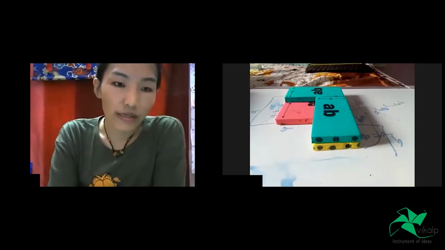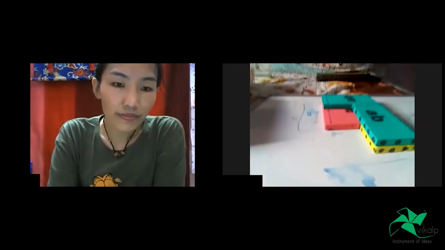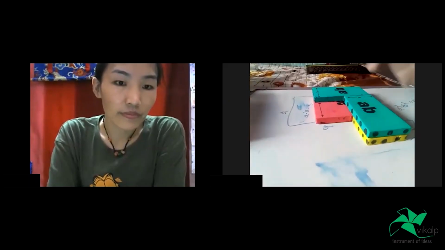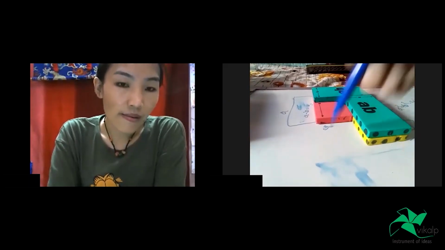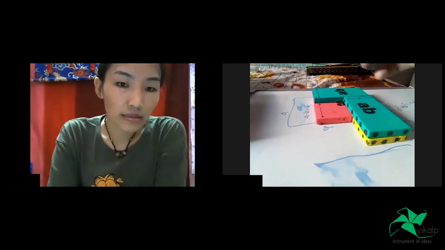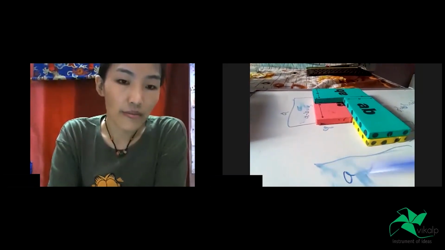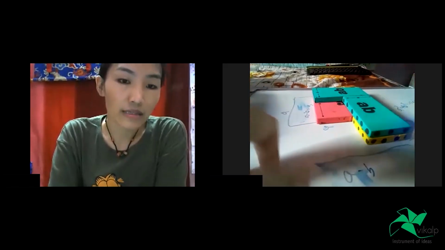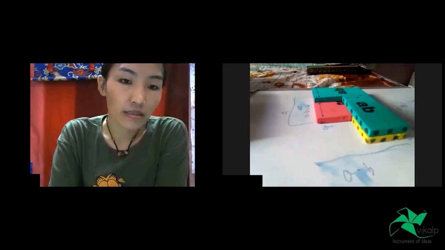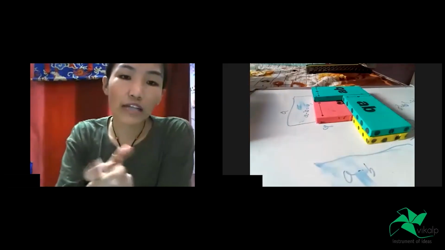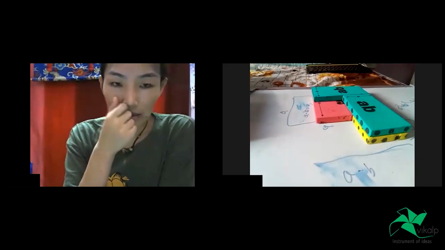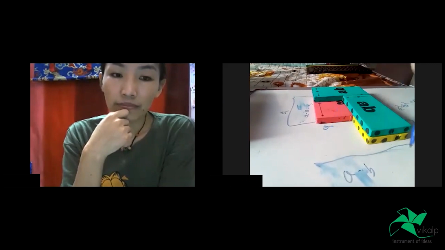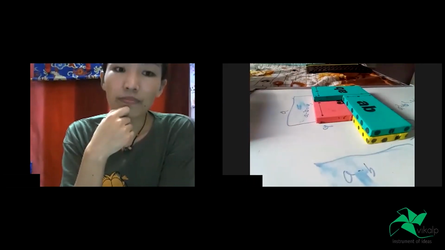Now to find the area of the new shape, first I'm going to find what this side was before I replaced it with a rectangle. The length of the whole shape was A. Since I replaced this with B, the breadth is B, so I'm going to do A minus B. The side of the new shape is A minus B, because A minus B is also here and also here, so it's going to be a square because both of them are the same.